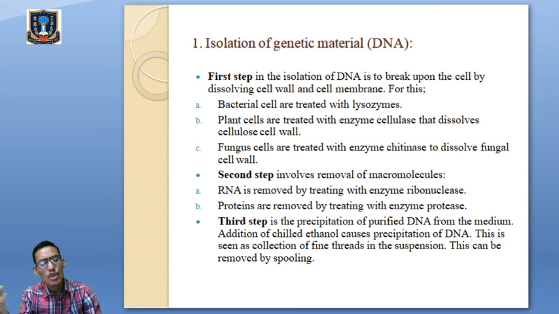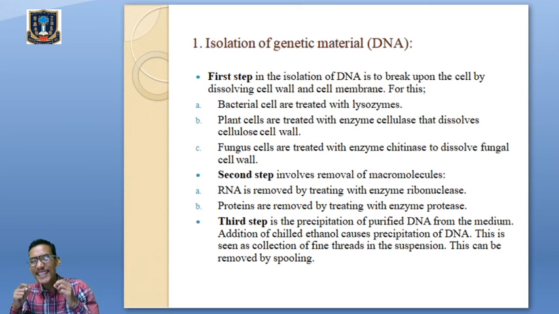Even in the case of eukaryotes, the extracted DNA will be along with histones, the basic proteins which are used for the packaging of DNA. So the extracted DNA will not be in pure form, because we need DNA in pure form, free from macromolecules, free from RNA, protein, lipids.